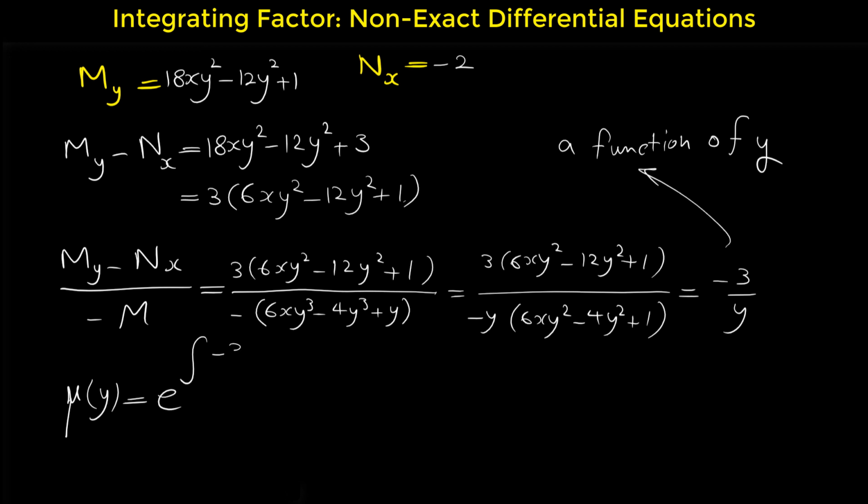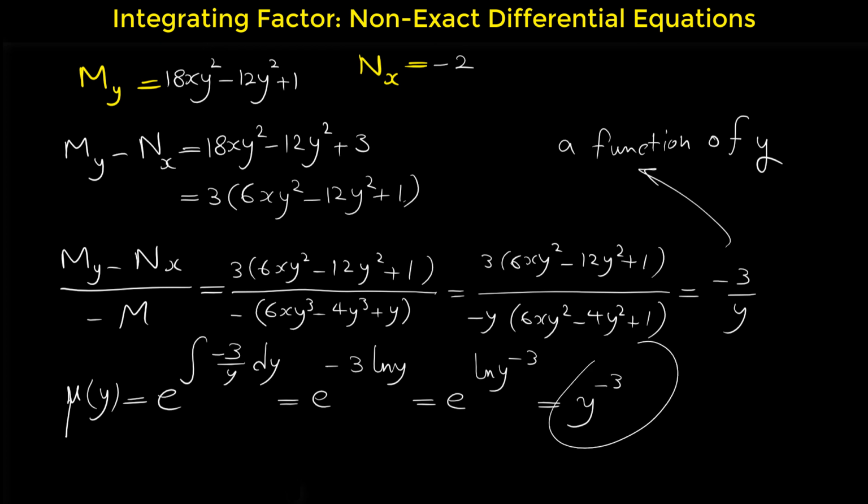So integral of negative 3 over y dy. This integral is negative 3 ln of y. If we bring this to the power of e, we have e to the power of ln of y to the negative 3, which finally is y to the negative 3.